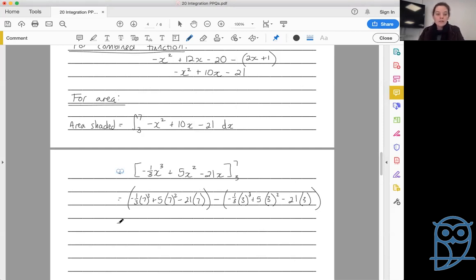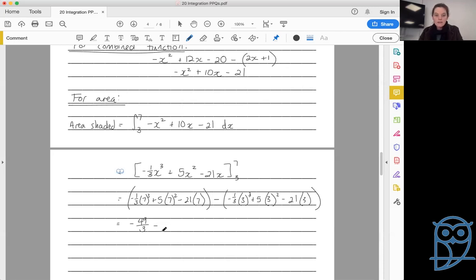Now, I like to take it one step further. This is quite a lot of calculations, quite a lot of things going on. So I prefer to do one bracket, then change the value and do the other bracket. So in the first bracket here, if we plug all this into a calculator, then we get minus 49 over 3.